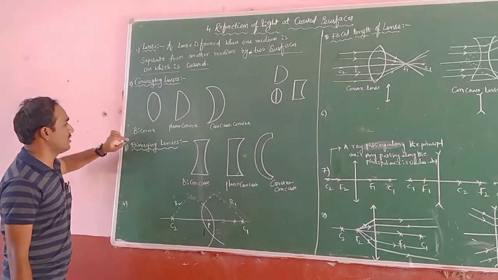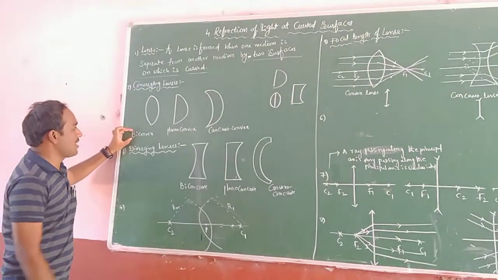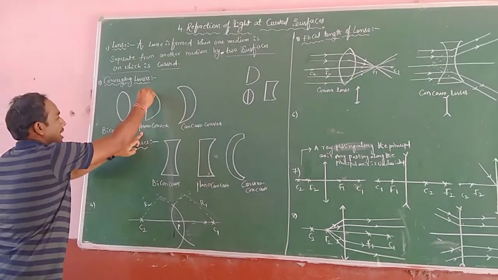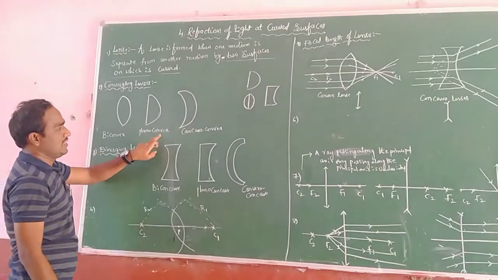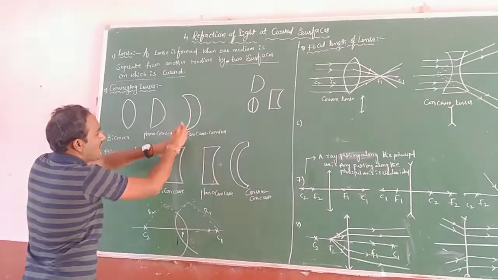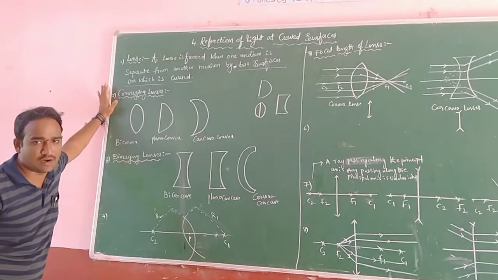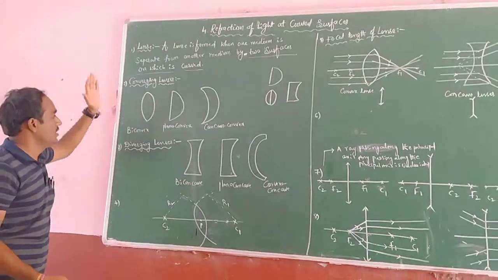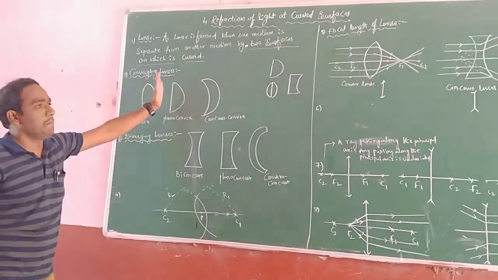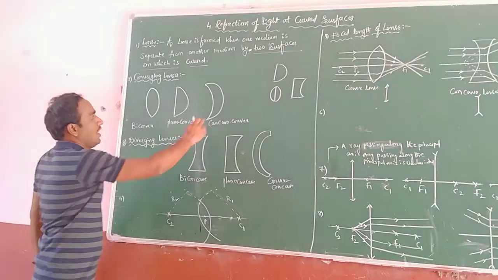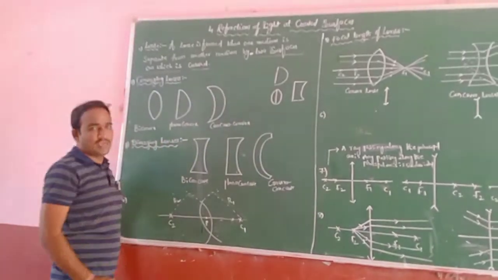Converging lens means biconvex lens, plano convex lens, and concavo convex lens. How many converging lenses do we have? Three: biconvex lens, plano convex lens, and concavo convex lens.